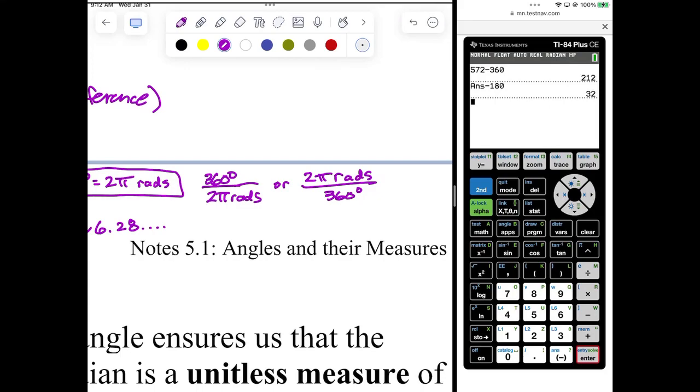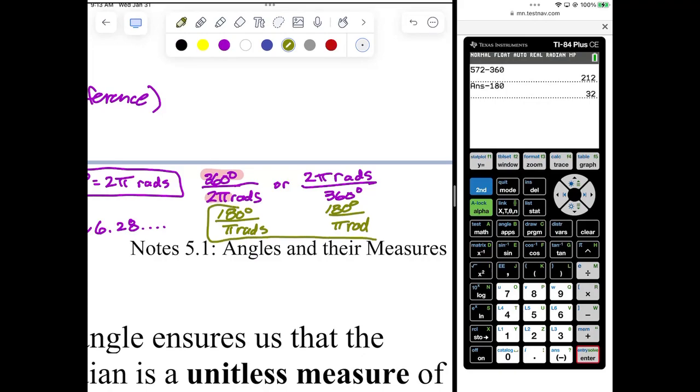How many rads in a full rotation? 2 pi. Now, we can simplify that, can't we? 360 is an even number. 2 pi is an even number. So we could call that 180 degrees over pi rads.